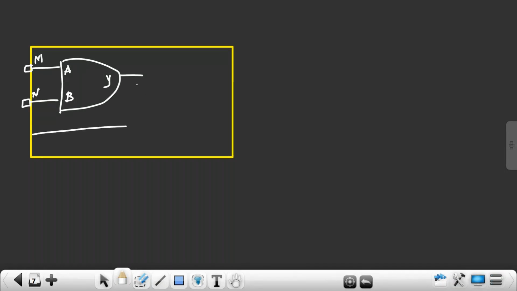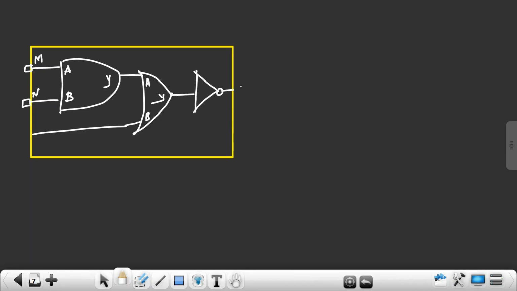This will be connected to one OR gate. So I have A, B, and Y, and this is connected to one inverter.